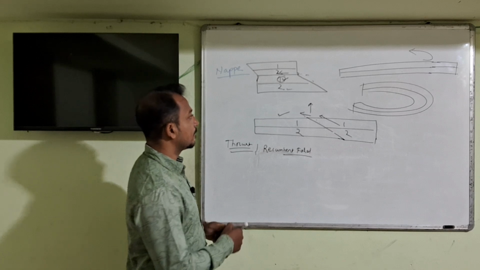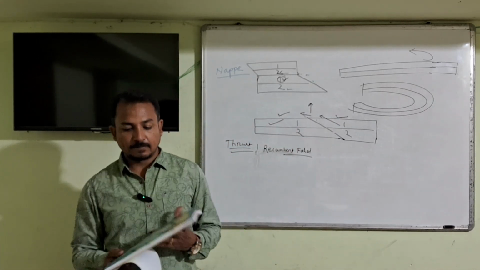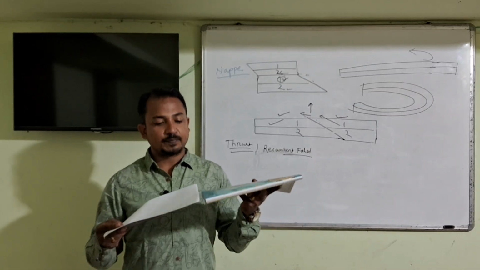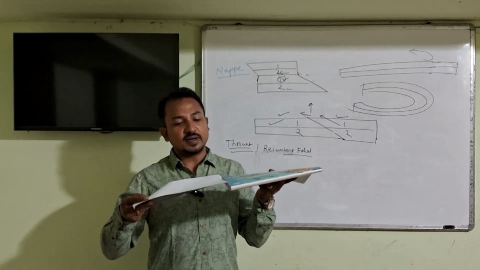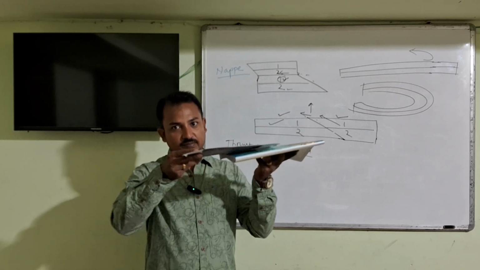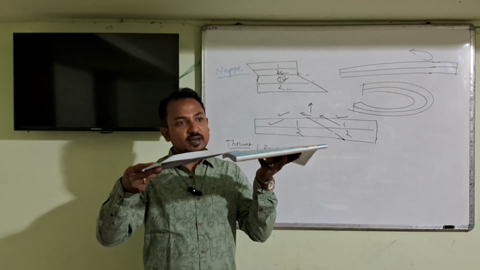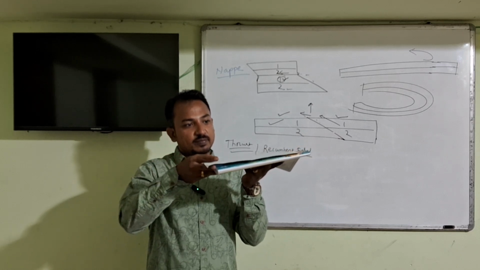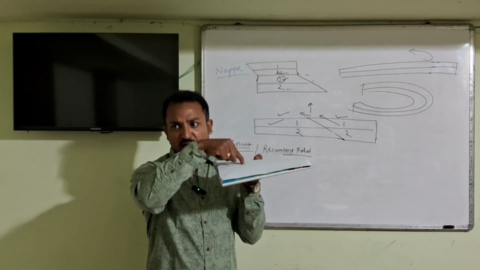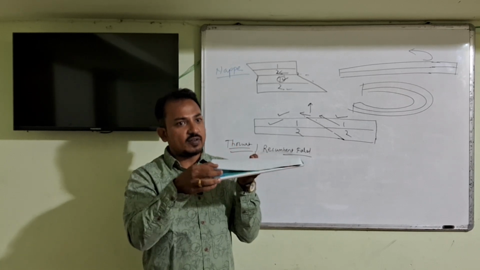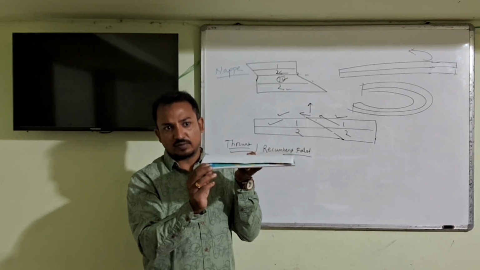So now this block is on top of this block. Suppose this is a single bed. Now if a fault occurs and this bed is thrusted over this bed, this is your hanging wall unit, and this is your footwall unit.